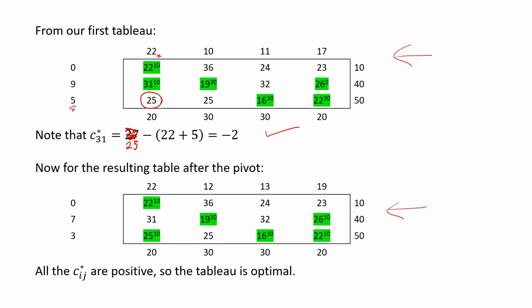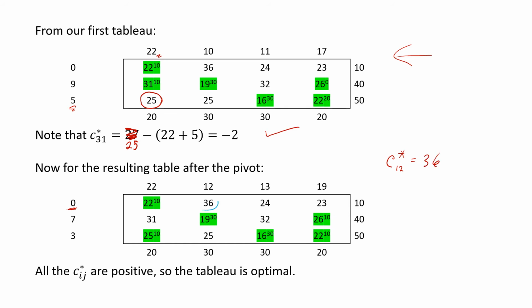I recalculate my UVs, start with my U1 equal to 0, get my values for the UVs for every row and column, start looking at every element in here. So I look at all the non-basic elements and do the same thing. So for instance, my C12 star is equal to 36.